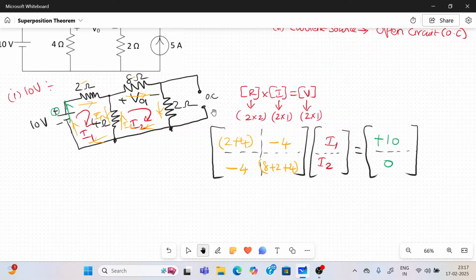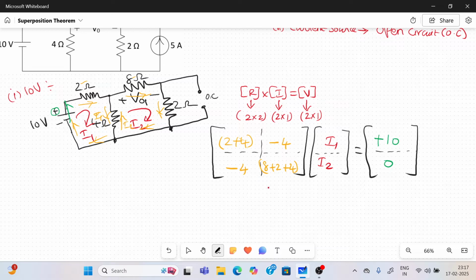So we have two unknowns. Now 2 plus 4, minus 4, 10; minus 4, 8 plus 2 plus 4, then 0.